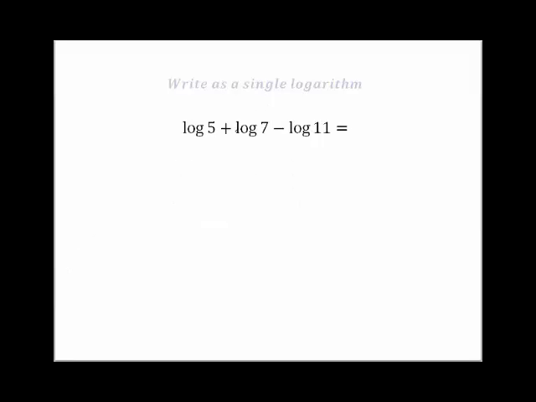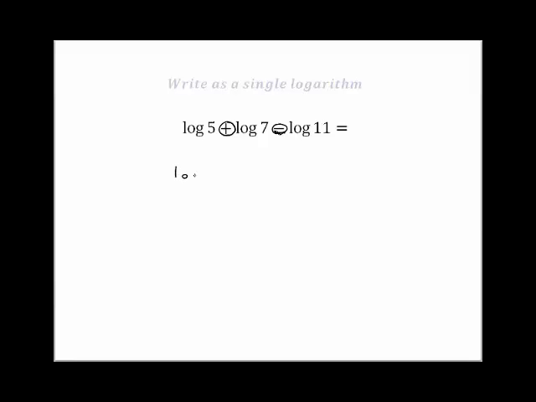All right, here's another one. Here we have log of 5. We're adding log of 7, and we're subtracting log of 11. That looks like an equal sign, so let's make sure we circle them. That clarifies it a little better. So what do we have?